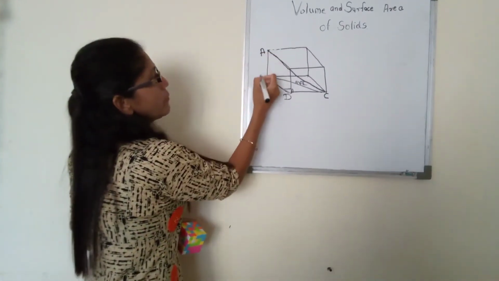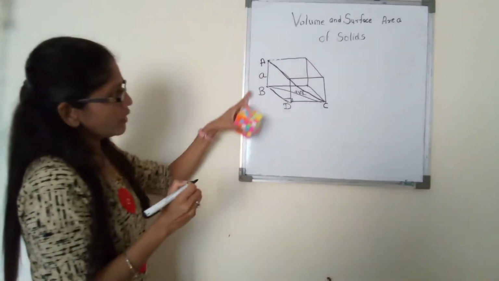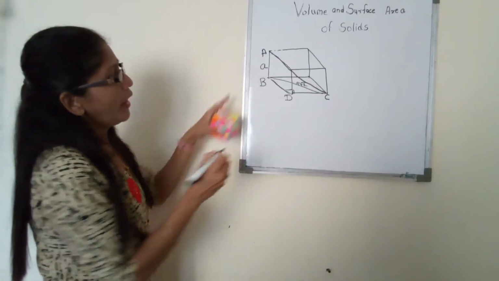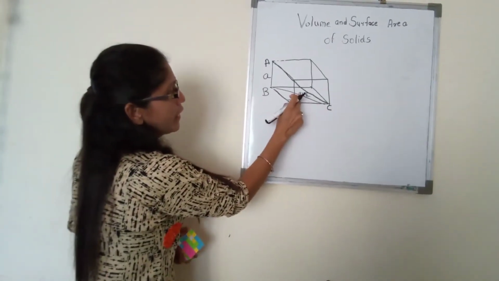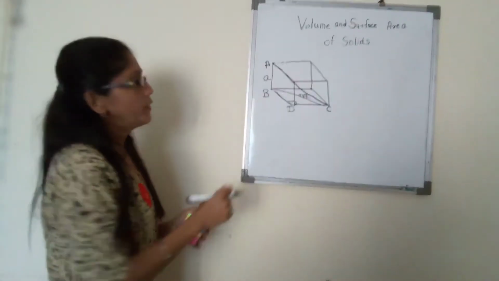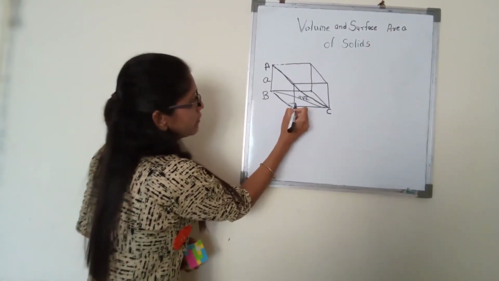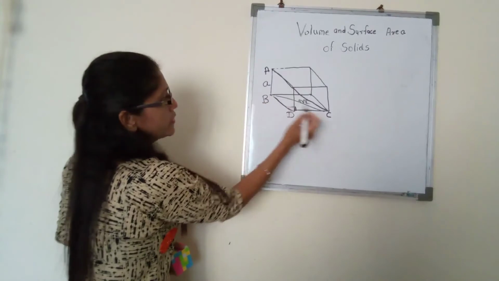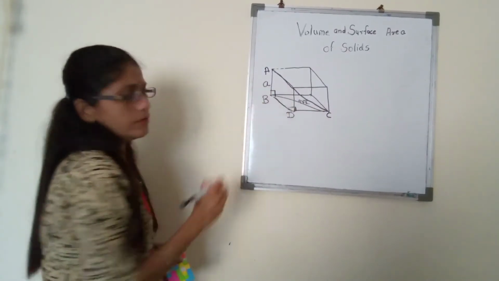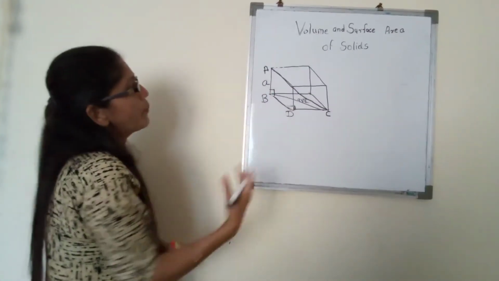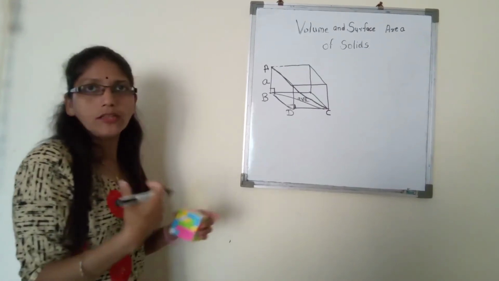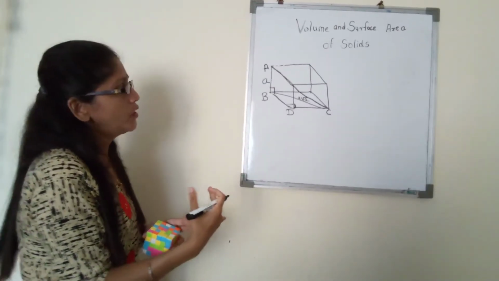The AB is the side a, and the BC side is a root 2. Automatically, if BDC is the right angle triangle, then ABC also becomes a right angle triangle. So we can apply the Pythagoras theorem here.